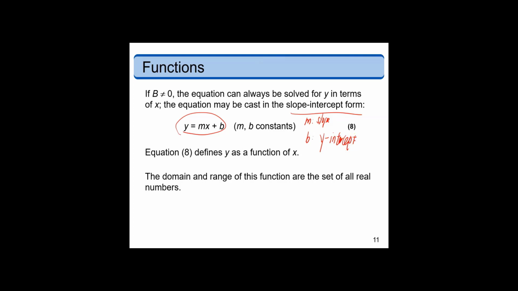And we can also write it in function notation by changing y to f of x, equal to mx + b. So now this is function notation, and the domain for this linear function is all real numbers, and the range is also all real numbers.